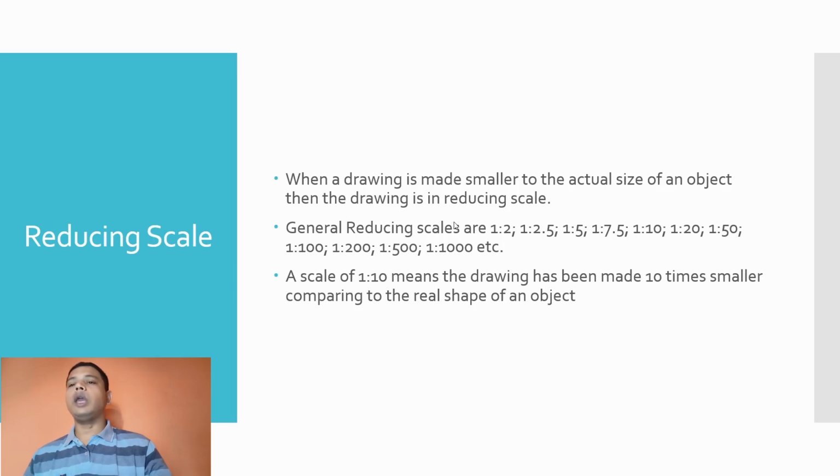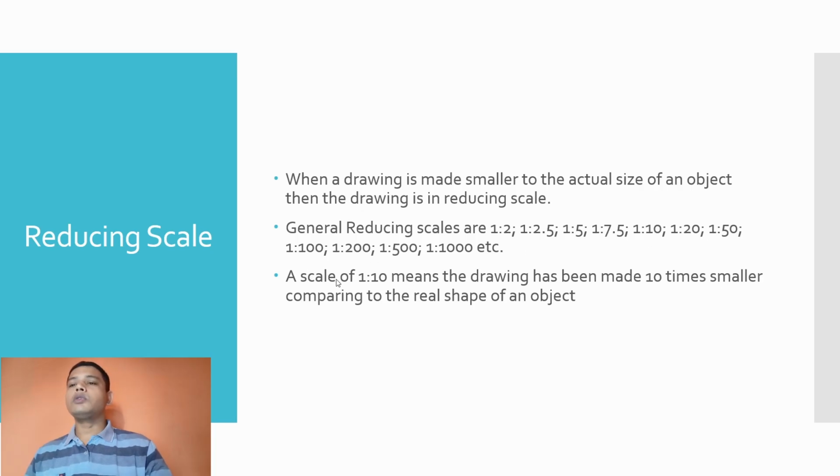General reducing scales are 1:2, 1:2.5, 1:5, 1:7.5, 1:10, 1:20, 1:50, 1:100, 1:200, 1:500, 1:1000, etc. I would suggest that you please keep a note of these scales, because this is going to be helpful during your drawing production. These are the very standard scales that we follow in industrial drawing production, and you should keep a note of these particular scales. You have to follow them accordingly.